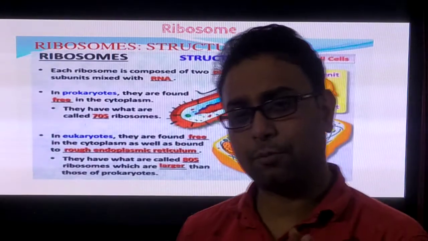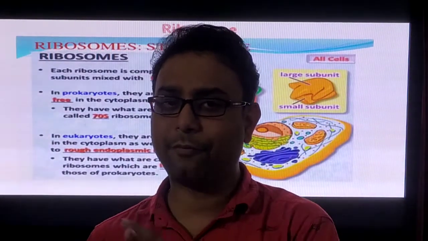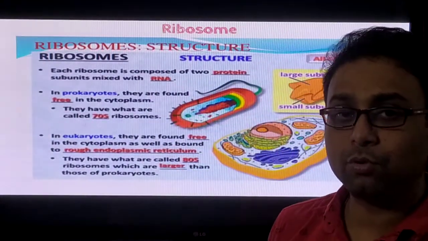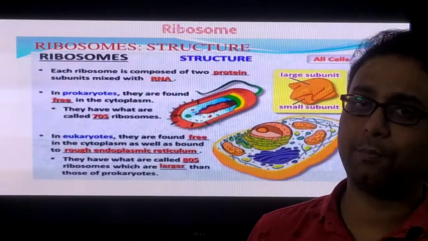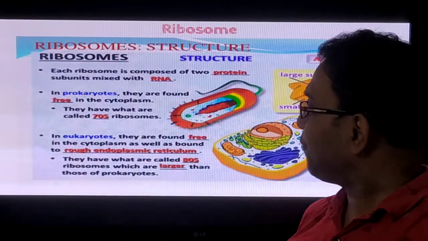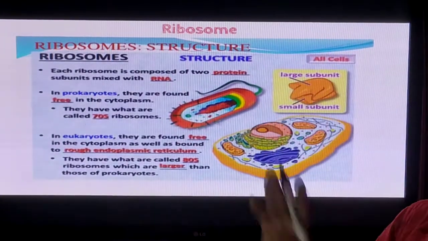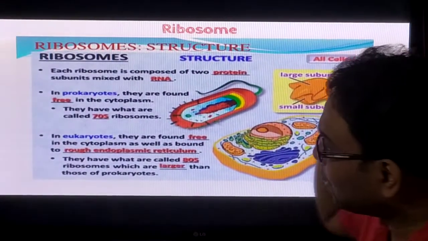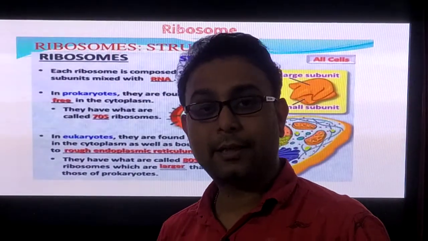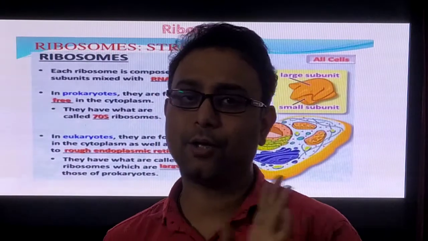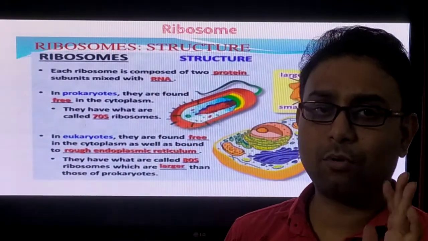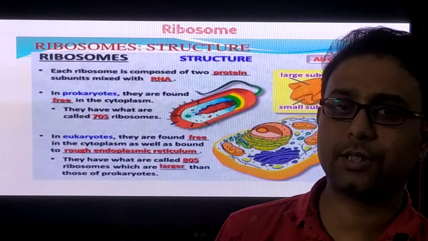The endoplasmic reticulum is of two types, rough and smooth, but ribosomes are attached only to the rough endoplasmic reticulum. The ribosome is a cell organelle present in both prokaryotic and eukaryotic systems. That is the most important characteristic feature.